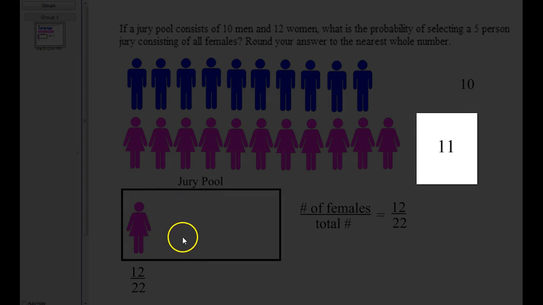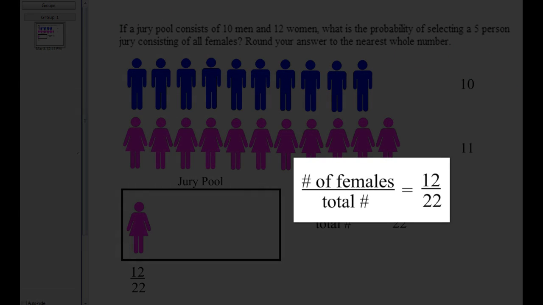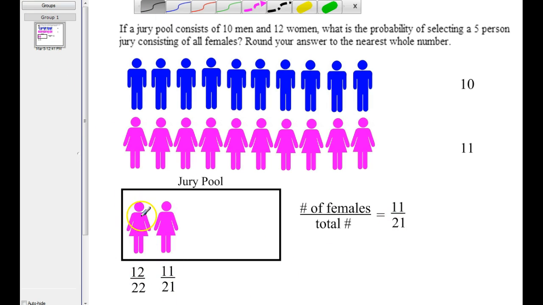So now the probability the second is a female is no longer 12 out of 22, it's 11 out of the total number of 21. So I'm going to pull her down here, and that becomes the probability of the second one. Because the first is a female and the second is a female, we multiply these probabilities. So I'm going to put times right there.